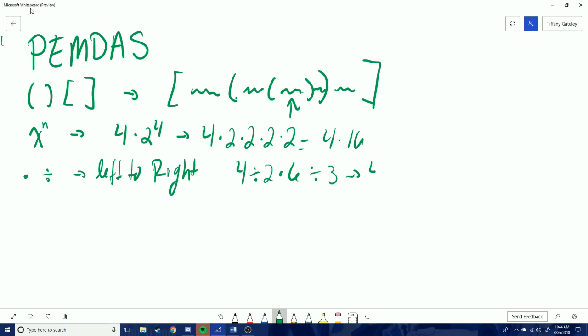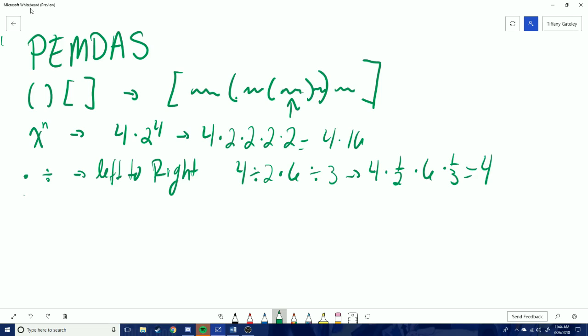So this is 4 times 1/2 times 6 times 1/3. And then you can multiply any order you want. So 2 times 6 is 12 divided by 3 equals 4. It's 4.